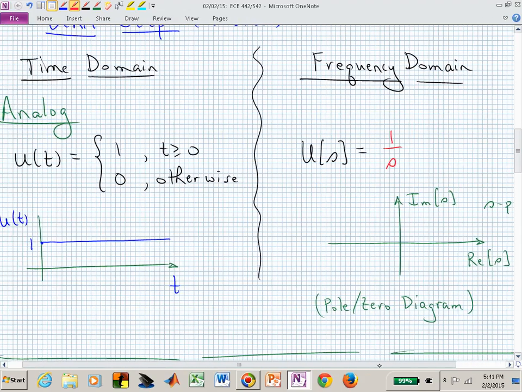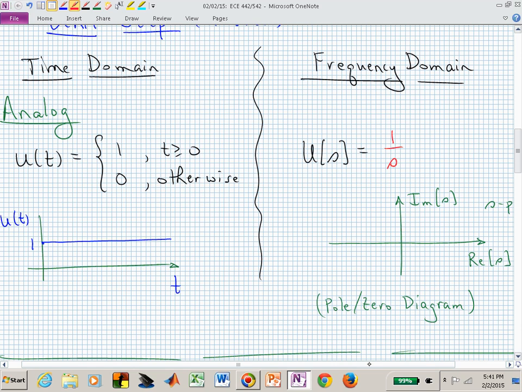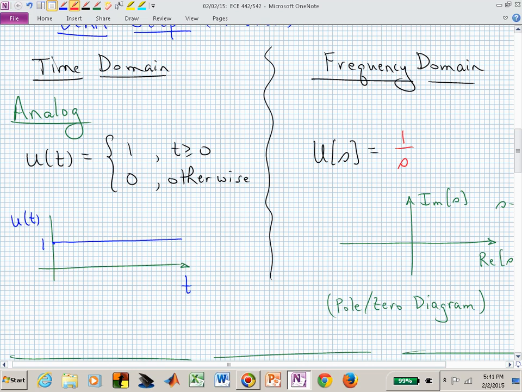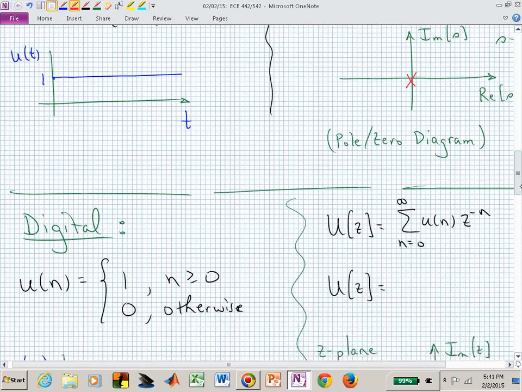We now have that complex S-plane, the real part and the imaginary part. Where do we find the poles and zeros associated with this unit step? Right at the origin, right? And there's only a pole, and that's then this x. Well, that's supposed to be on the origin. So you can put yours a little bit more accurately on the origin.